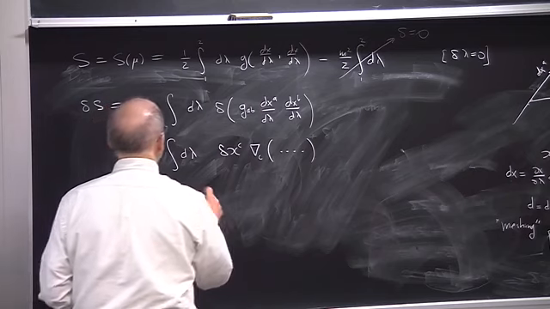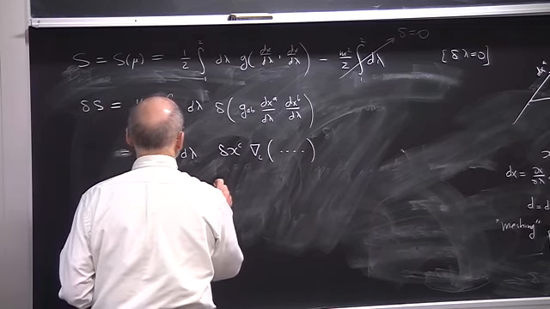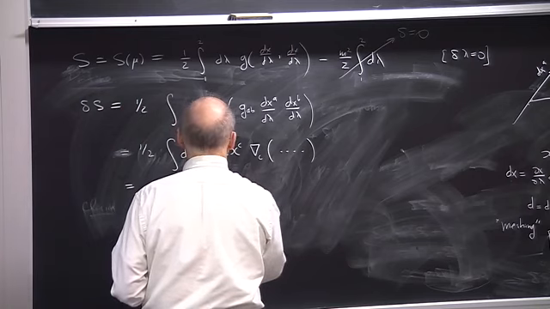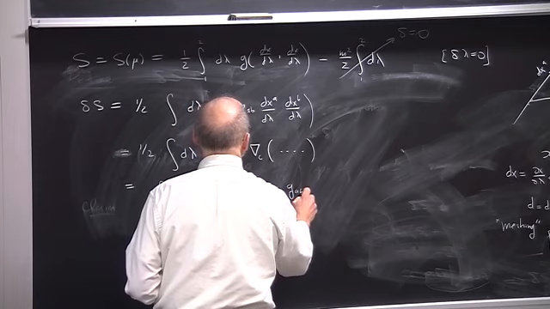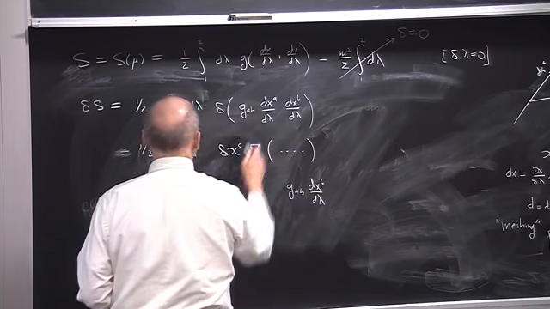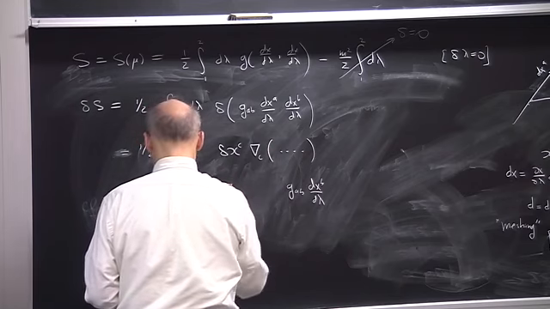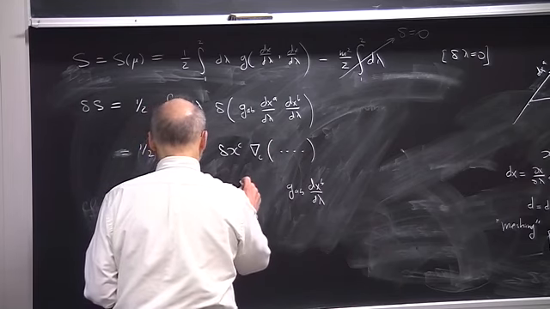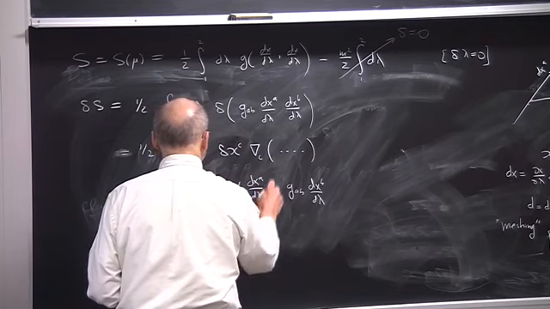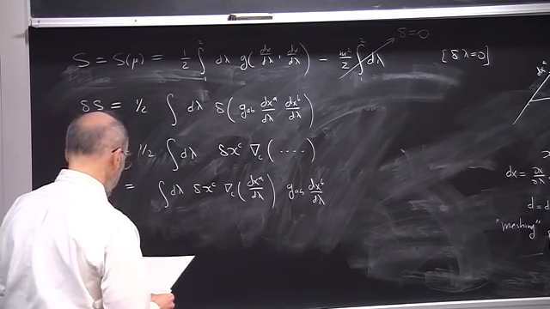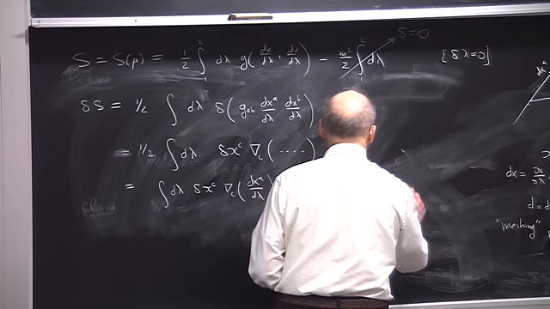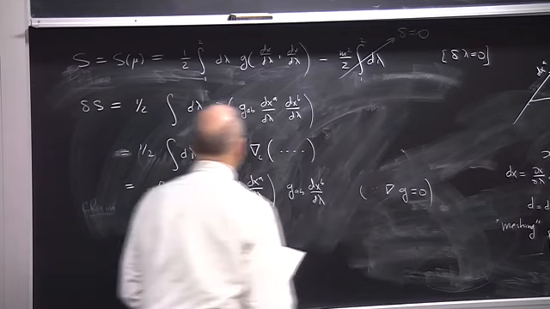So I'll have dλ, δx^c, g_ab, dx^b/dλ, and then I'll have the thing that acts on this, which is the gradient with respect to c of dx^a/dλ, since, of course, the covariant derivative of g vanishes.